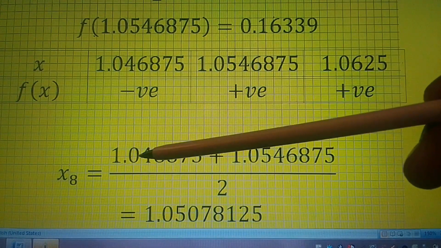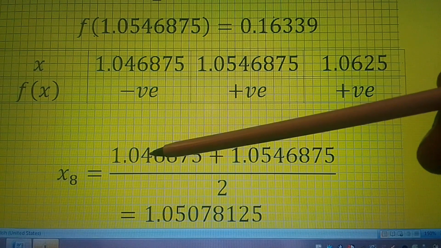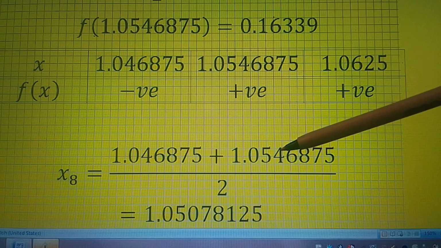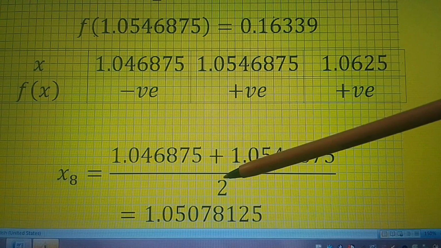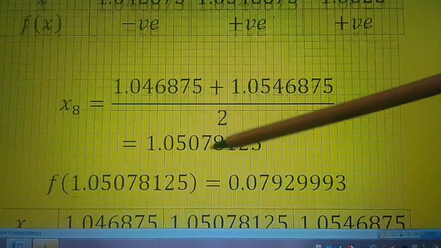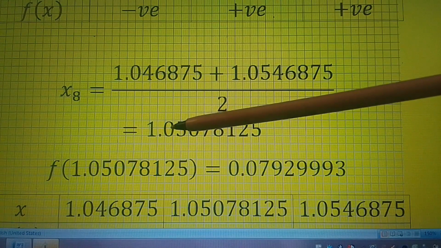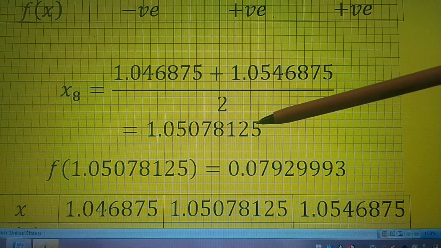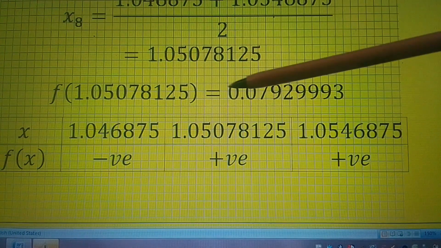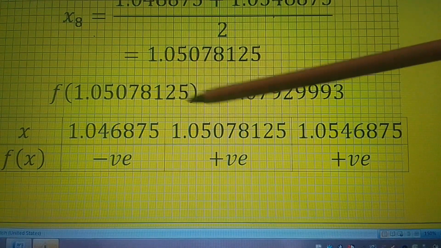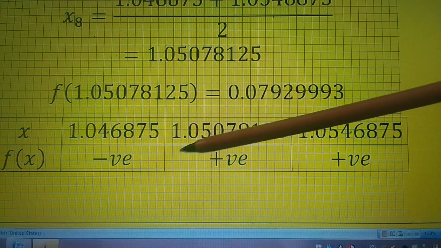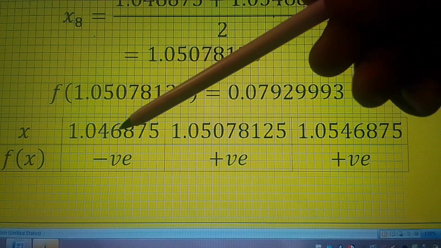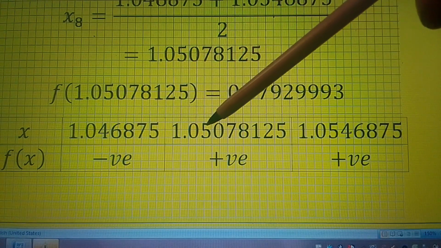x8 will be 1.046875 plus 1.054685 divided by 2, which is 1.0507812. f of x8 is positive, so the root now lies between 1.046875 and this value.